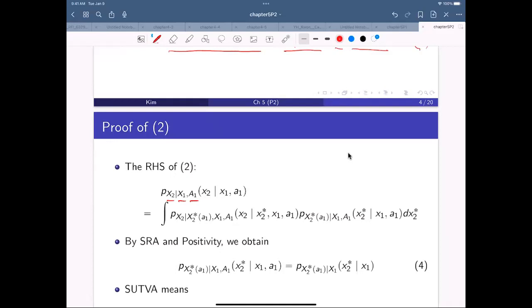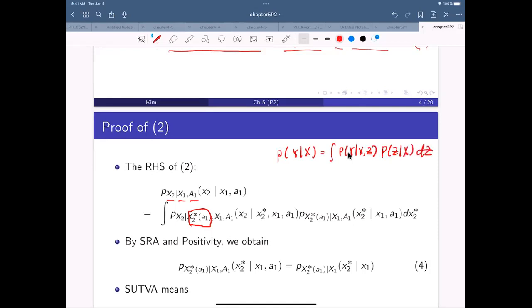This is straightforward probability theory: suppose you have y and x, then you can write y, x and z given x, dz.